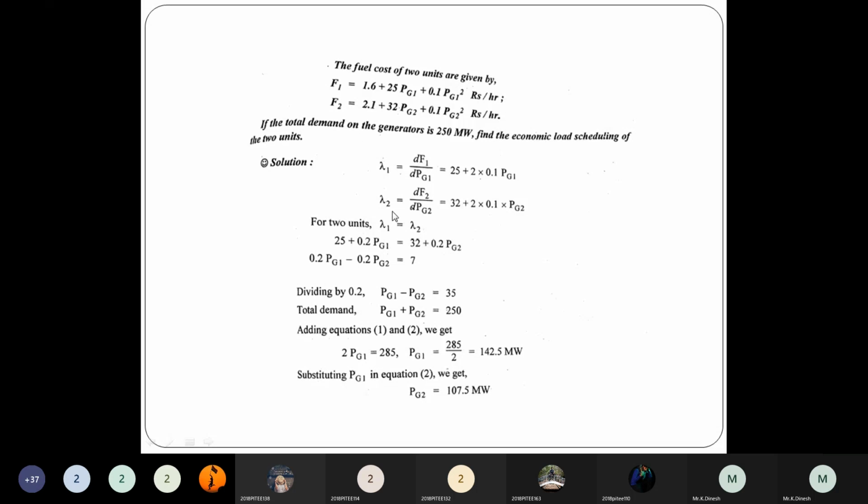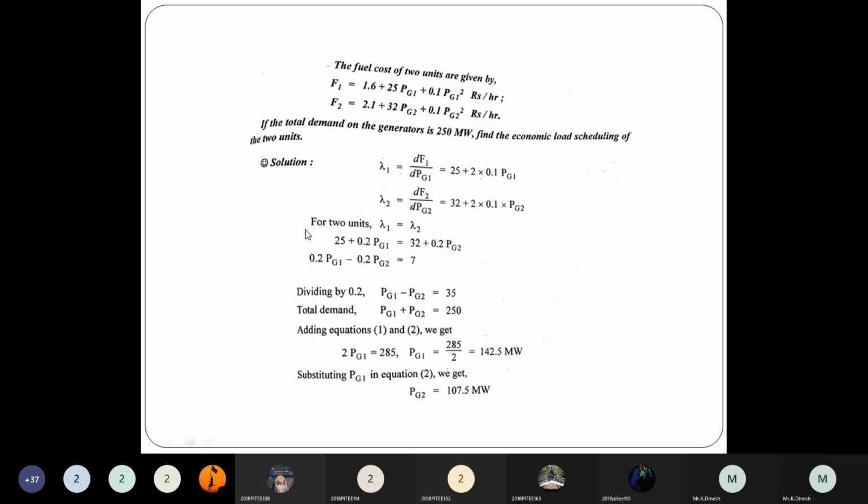Similarly, for lambda 2 we need dF2 by dPg2. 2.1 is constant, it vanishes. 32 Pg2 gives 32, and 0.1 Pg2 square gives 2 into 0.1 Pg2. So economic condition is achieved when lambda 1 equals lambda 2. We have 2 equations: 25 plus 0.2 Pg1 is equal to 32 plus 0.2 Pg2.